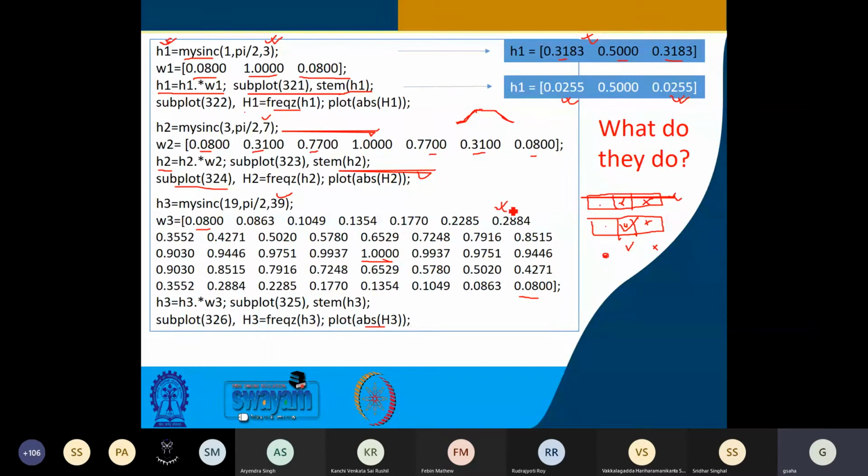Usually in the lab you don't see the weights, but here we are specifically looking at the weights and their profile and how they are affecting. But these weights you can get by the Hamming window. This comes from a specific equation we shall see later.